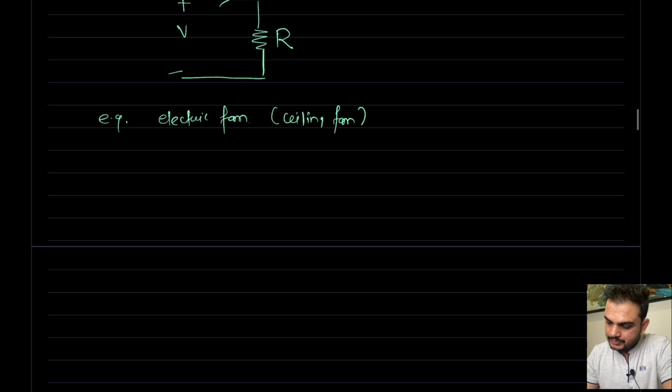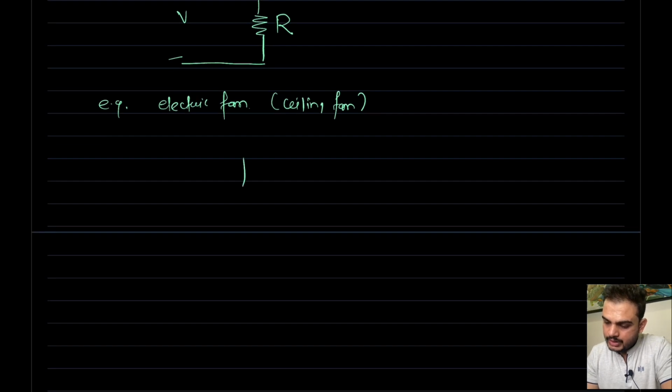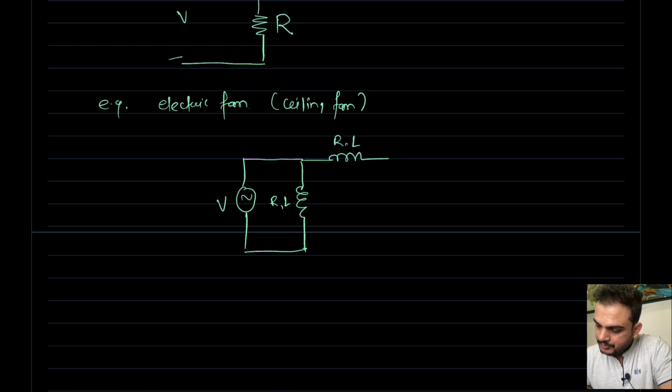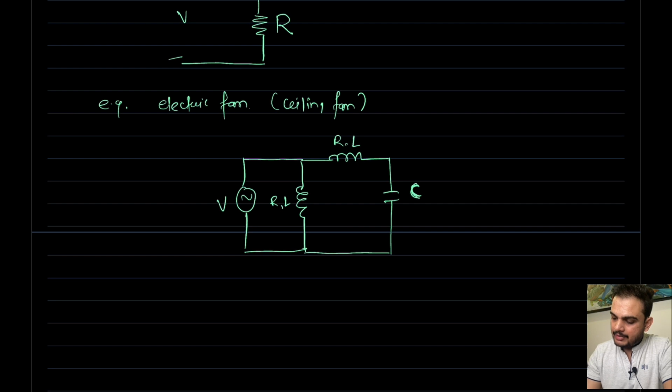In an electric fan, if I give some AC voltage, the current will flow through my main winding, which will be RL. This is my auxiliary winding, which is also RL, and this will be my capacitor. So you can observe I have taken all three passive elements, RLC.